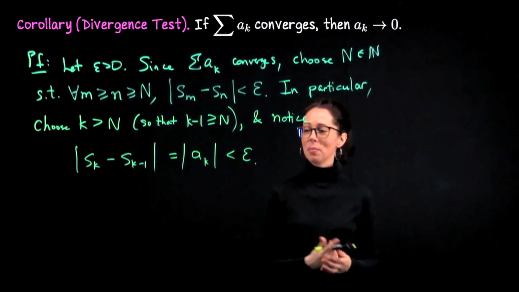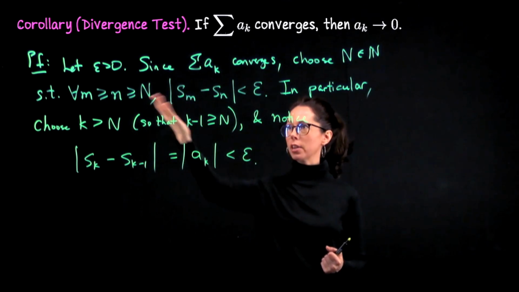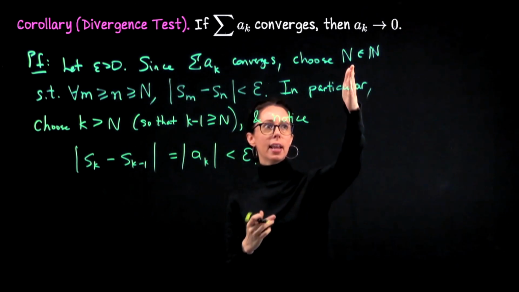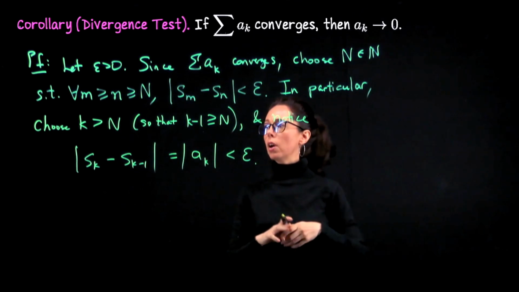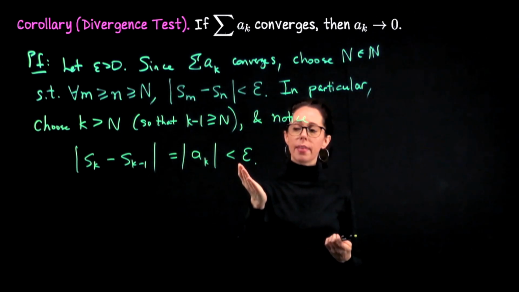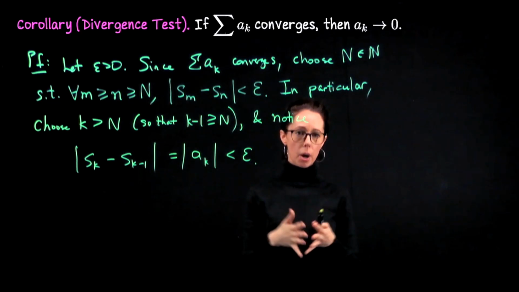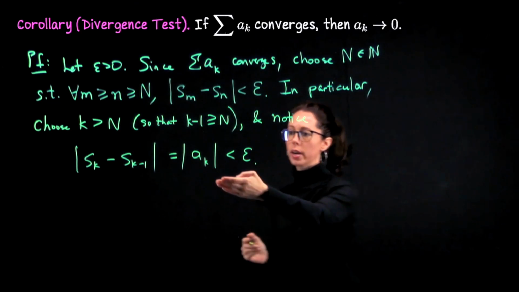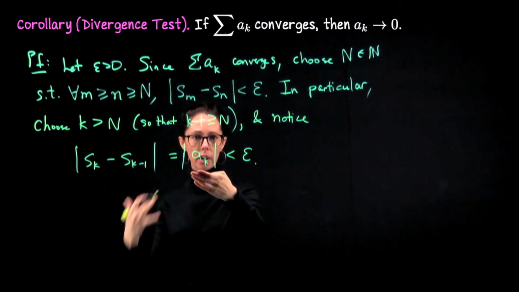And that's really it, because now we're saying that for any epsilon greater than 0, you can identify an index capital N so that for all k beyond the index, the size of the kth term is less than epsilon. That tells you that these terms can be forced arbitrarily small beyond some threshold, and therefore the sequence of associated terms goes to 0.